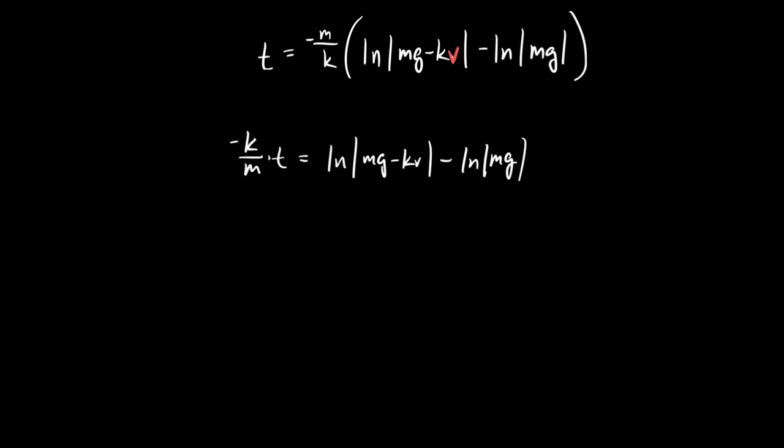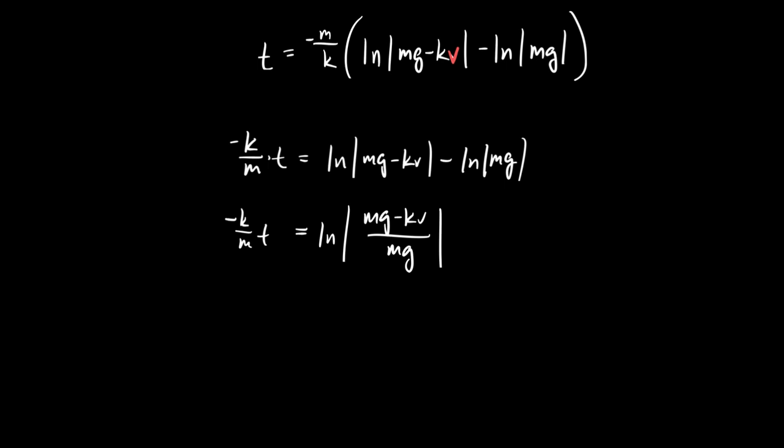Now I know that you can get rid of a natural log by raising both sides to a base, the base e. To make that easier on me, I know that natural logs are just exponents. So when I subtract exponents, I can divide. So I can write this as mg minus kv over mg. I'm under the impression you know these rules for logarithms.